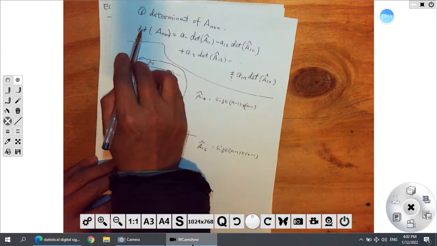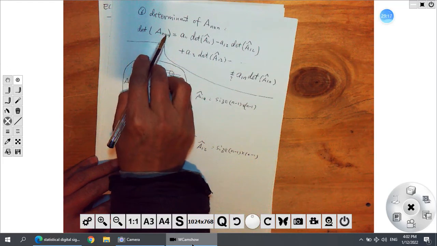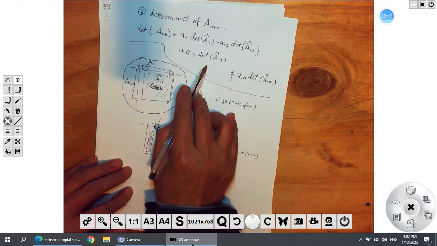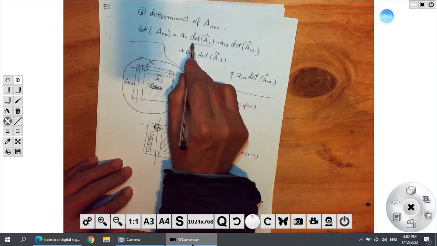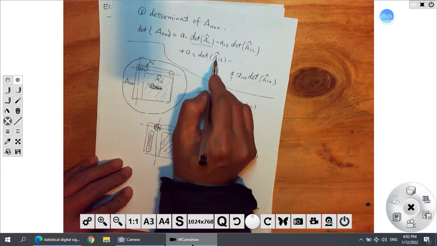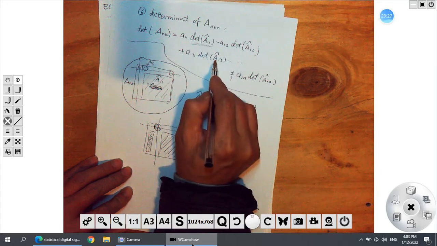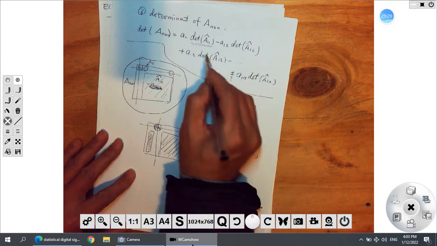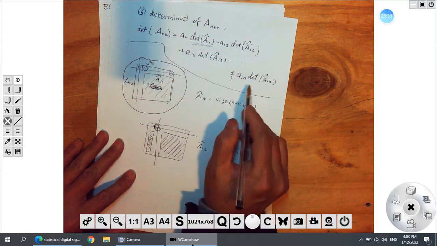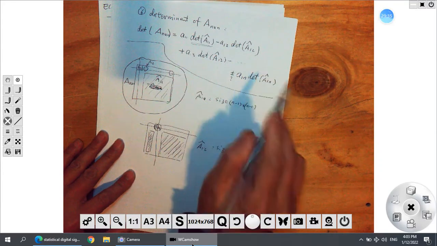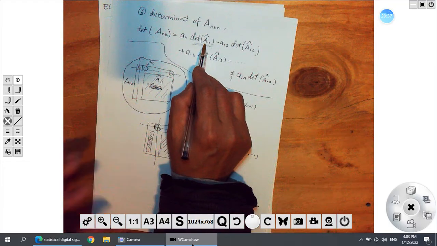What is the determinant of an n by n matrix? We can calculate it this way, and then we need the determinant again, for some smaller size matrices. How do we calculate those? Use the same formula. It is a summation with more terms that have even smaller size matrices until the last one.